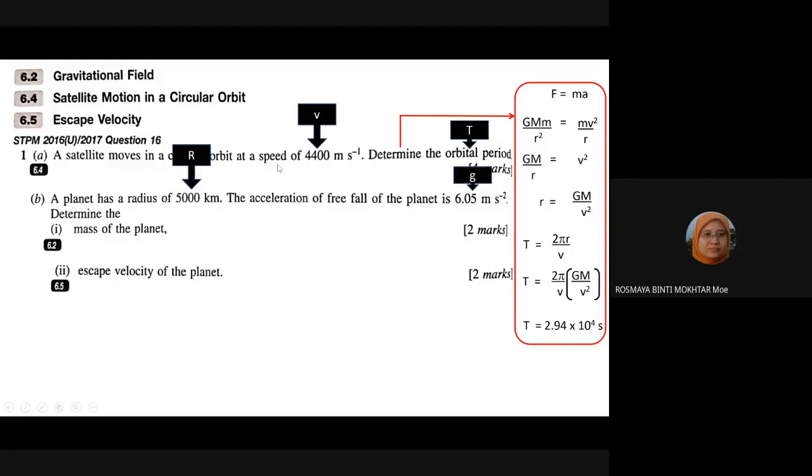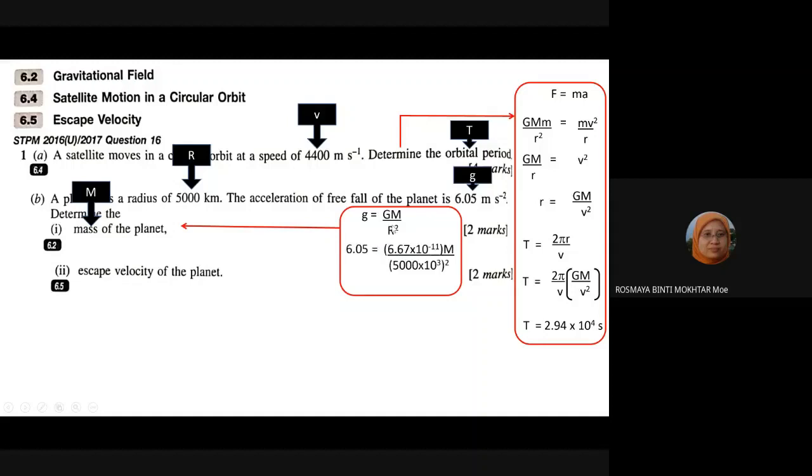So this is R, this is g. How to relate g with R? We use the gravitational field strength equation. Because we are going to determine the mass of the planet, g equals GM per R squared. Then you substitute the values: G is 6.67 times 10 to the power of negative 11, g is 6.05, and R is 5,000.